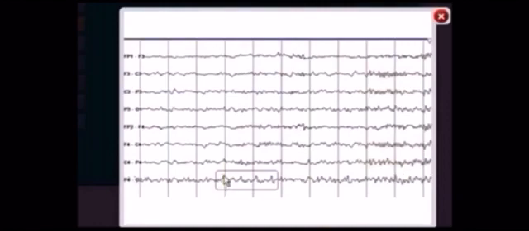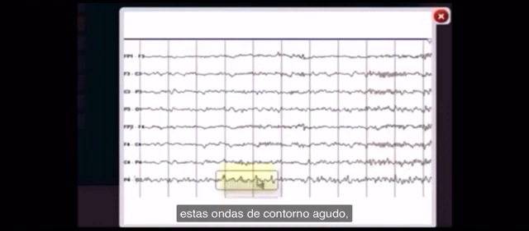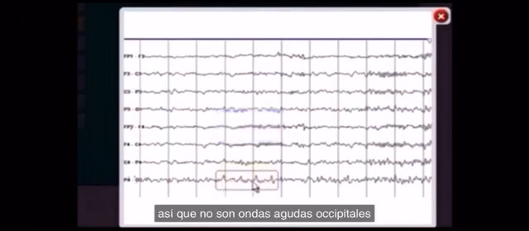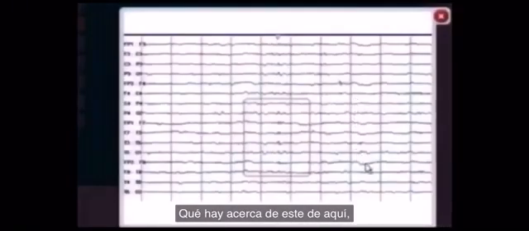What you see here, these sharply contoured waves, these are POSTs, positive occipital sharp transients of sleep, which is a benign variant. So these are not occipital sharp waves and should not be confused with occipital spikes. Okay, what about this one here?